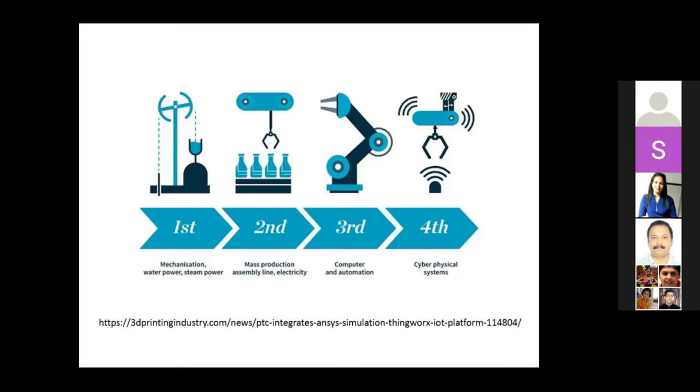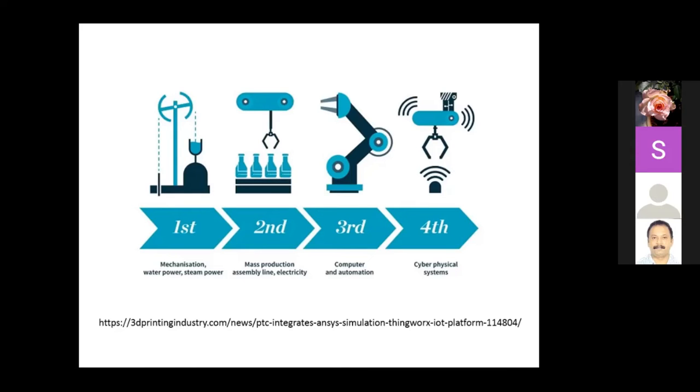Up till now in India, we are working on, or till, the third industrial revolution. So the fourth industrial revolution is very important to understand. First was mechanization, second mass production, third computer and automation, and the fourth deals with cyber physical systems.